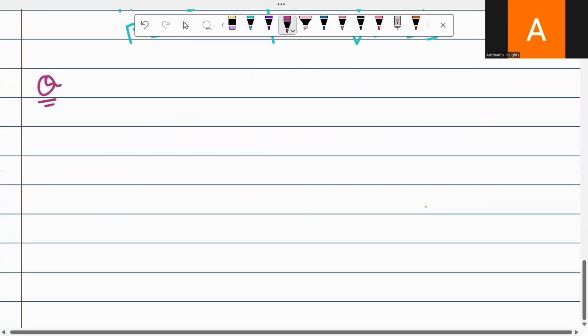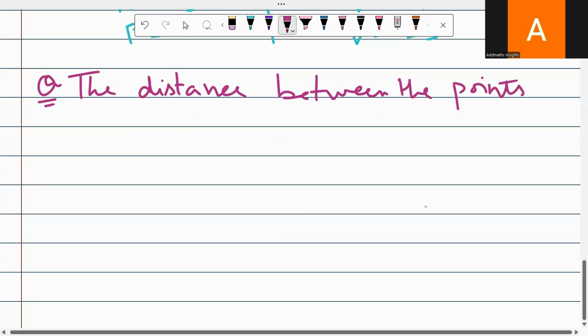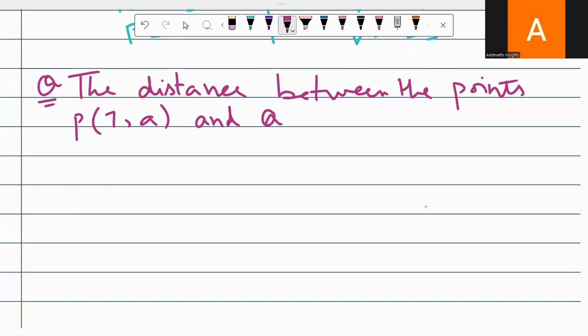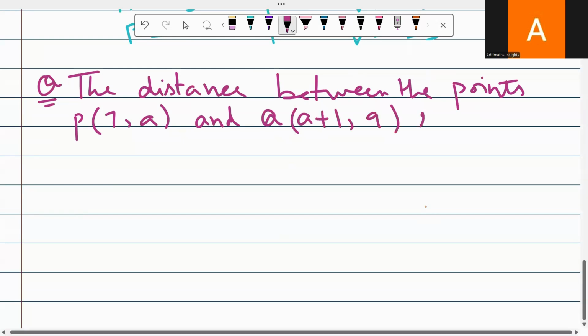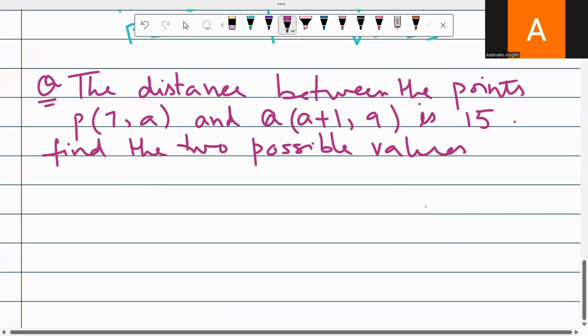Question: the distance between the points P with coordinates (7, a) and Q (a plus 1, 9) is 15. Find the two possible values of a.